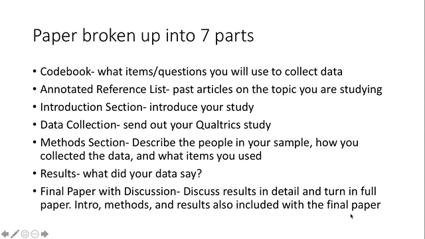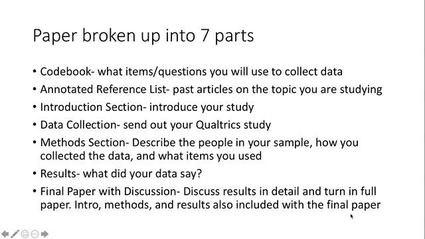With some of these assignments, you'll get automatic credit for just turning the assignment in on time, like the introduction section and the methods section. But some of these assignments will be graded for quality from the get-go, like the code book or the results section.